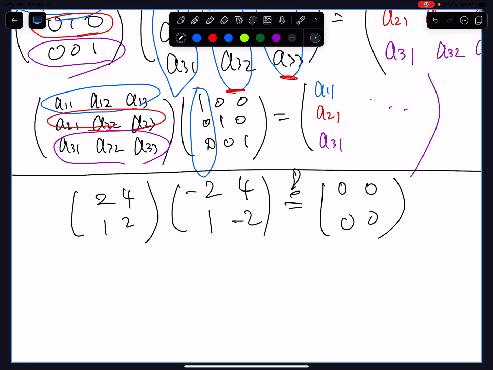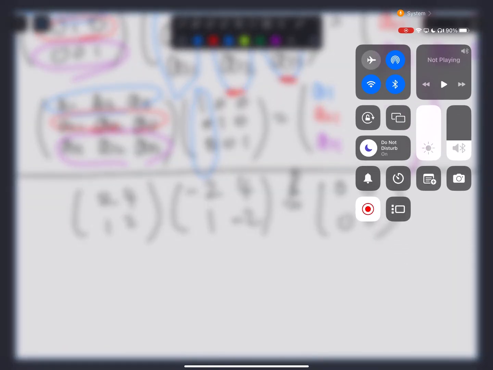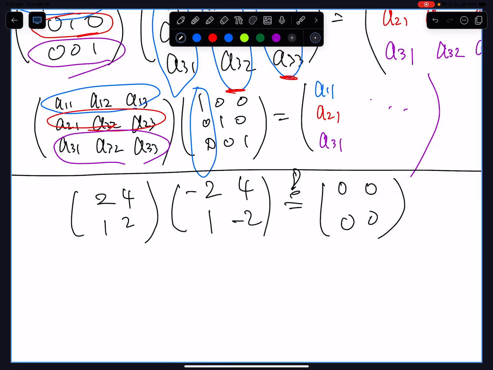Row 2 times column 1: 1 times -2 plus 2 times 1 also gives you 0. And row 2 times column 2: 1 times 4 plus 2 times -2 also gives you 0. So clearly the multiplication is 0, but that doesn't mean that one of them is 0, right?